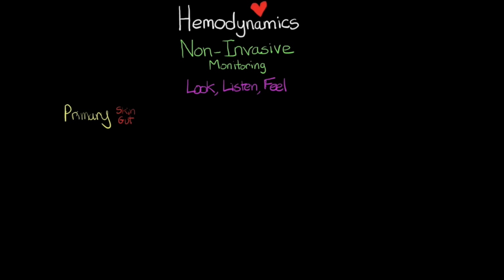So some of the signs that you're going to see with this are going to be cool, clammy skin. You could also see pale, ashen, or cyanotic skin. You're also going to notice decreased bowel sounds. Your patient could be exhibiting diarrhea or even constipation.